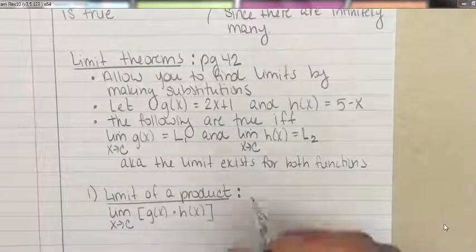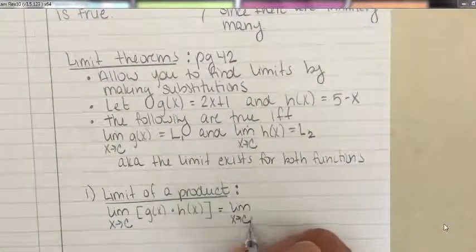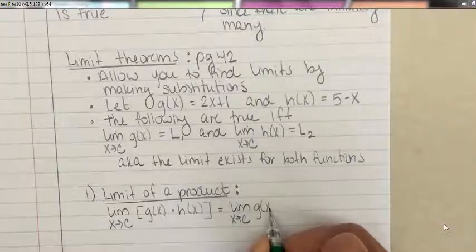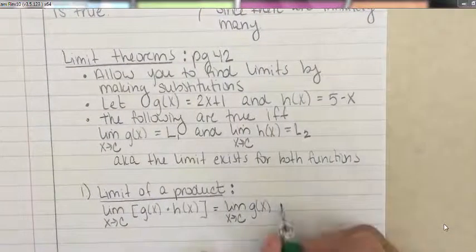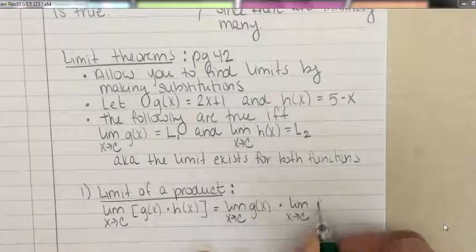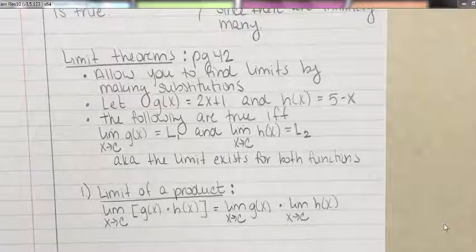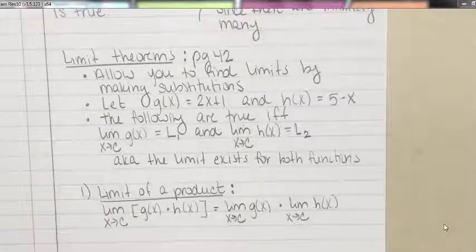And what I can do then is rewrite that as the limit as x goes to c of g of x times the limit as x goes to c of h of x. So I can actually take the limit of each individual function, and then I can just multiply them together.